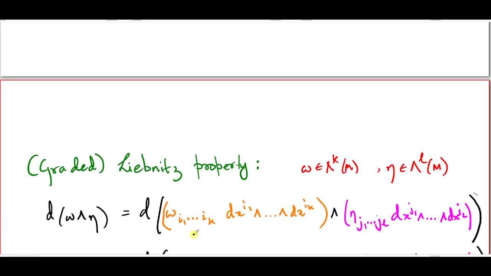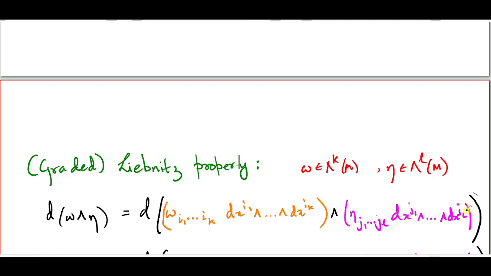To begin with, we write both omega and eta in the coordinate version. That is, write omega as omega I1 through Ik multiplied by dx I1 wedge dx I2 all the way up to dx Ik, and eta in the form eta J1 through Jl dx J1 wedge dx J2 all the way up to wedge dx Jl.